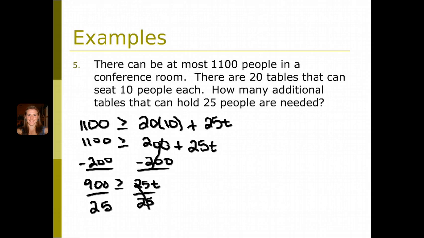And you have 36 is greater than or equal to t. But as discussed, we always want to write our variable first. So everything about our problem is going to change direction. So we have t is less than or equal to 36.